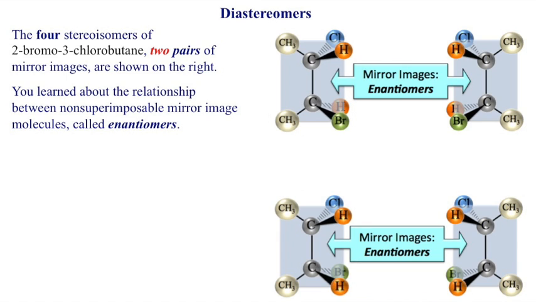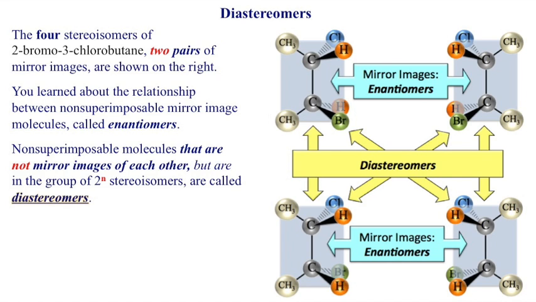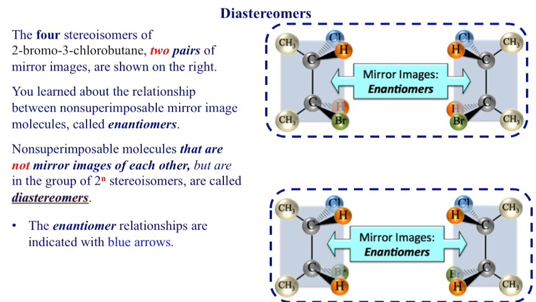You learned about the relationship between non-superimposable mirror image molecules called enantiomers. Non-superimposable molecules that are not mirror images of each other but are in the group of 2 to the n stereoisomers are called diastereomers. The enantiomer relationships are indicated with blue arrows.